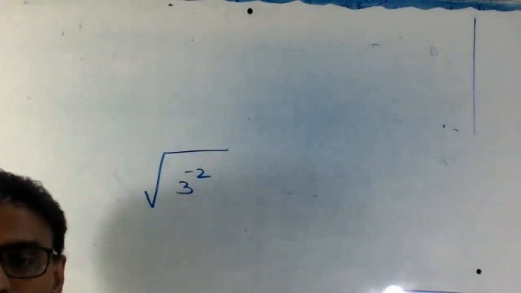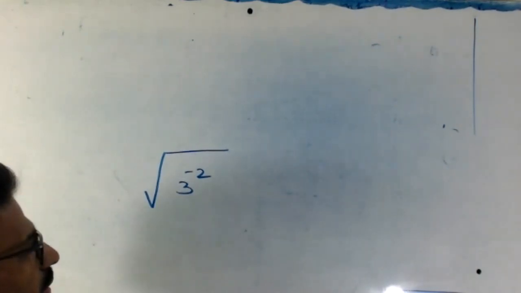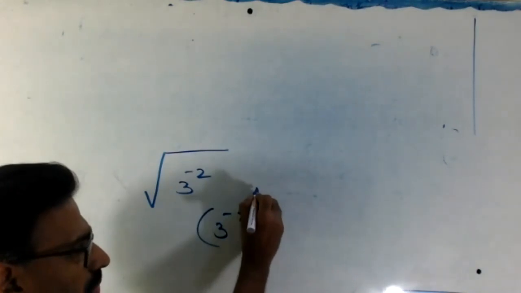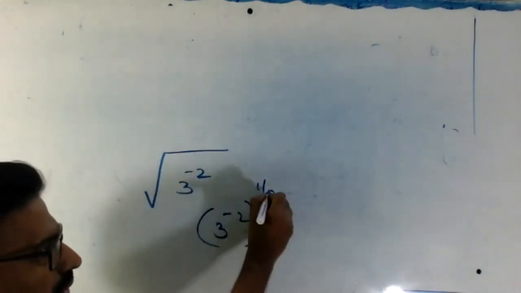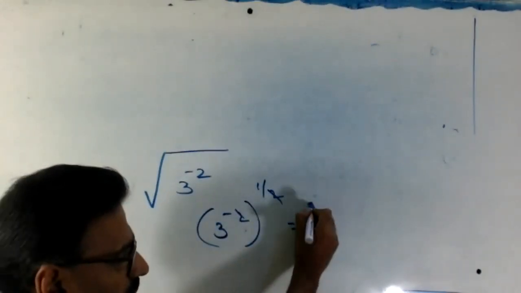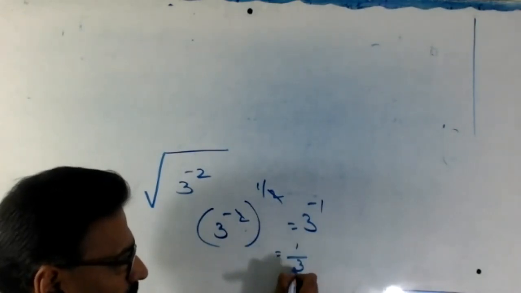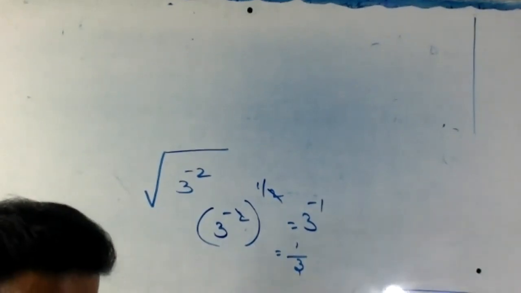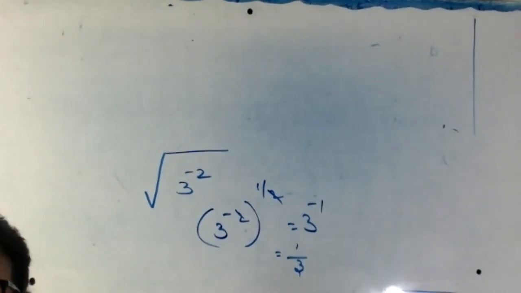Look at here: 3 raised to minus 2 whole raised to 1 by 2, because it is a square root. The 2 cancels. 3 raised to minus 1 equals 1 by 3. Anyone have doubt? Everyone check it all.